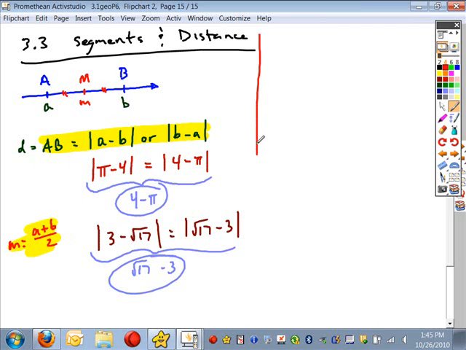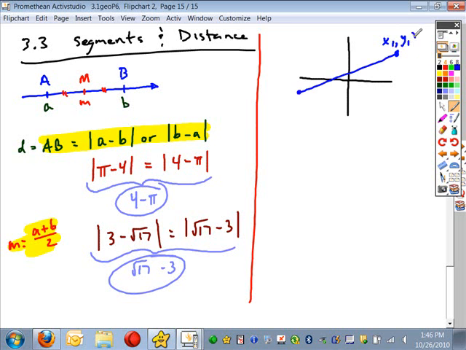In a coordinate plane, again, it's similar, you have a formula to calculate this. So if we look at x1, y1, and x2, y2 as our ordered pair for each of these, and we'll call this point C and D, in a coordinate plane your distance formula is equal to the square root of the difference of their x coordinates.